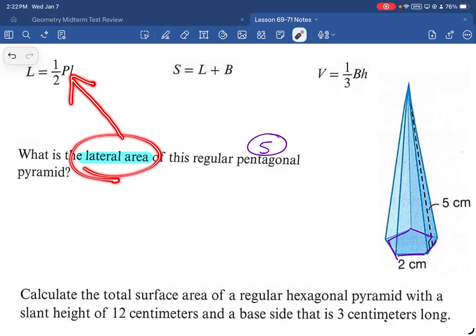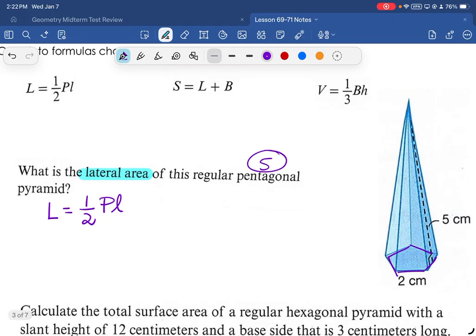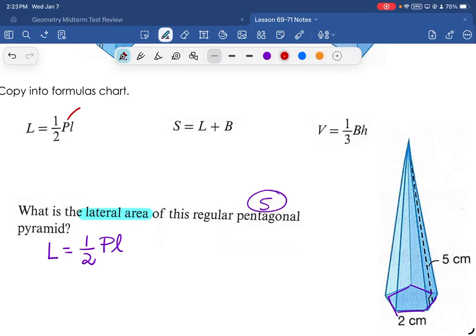Let's look right here. This is the formula we're using. So I'm going to write down lateral equals 1/2 perimeter. Remember, P stands for perimeter. And this L stands for slant height. And actually, I'm going to have you write that. This right here, perimeter. Doesn't hurt to write it out so that way when you look back.